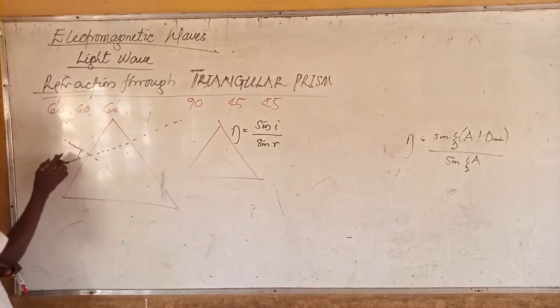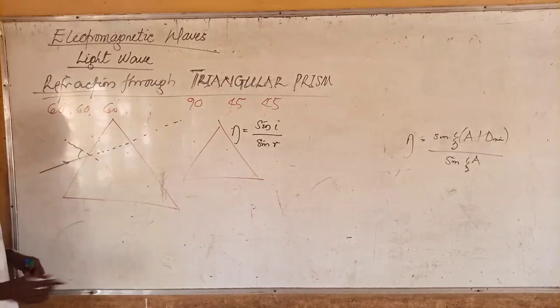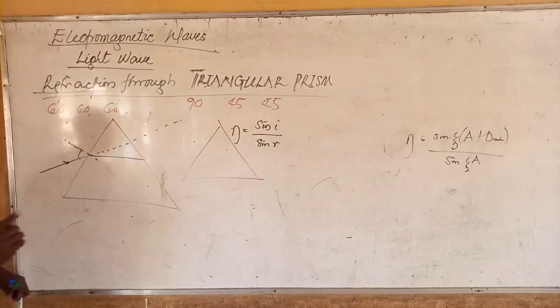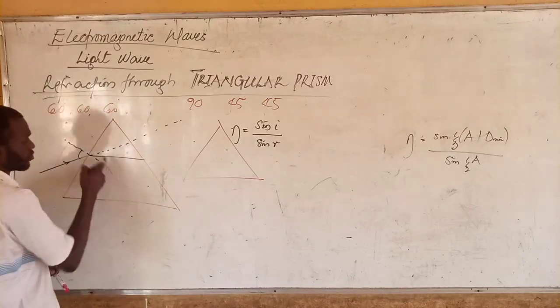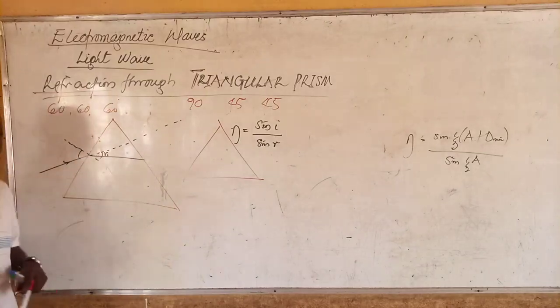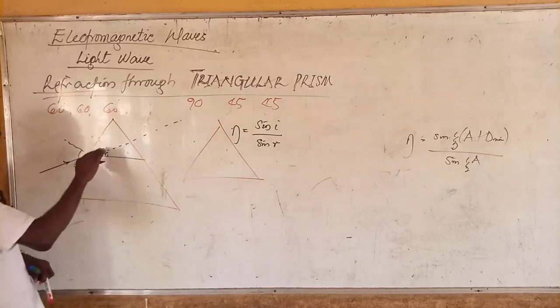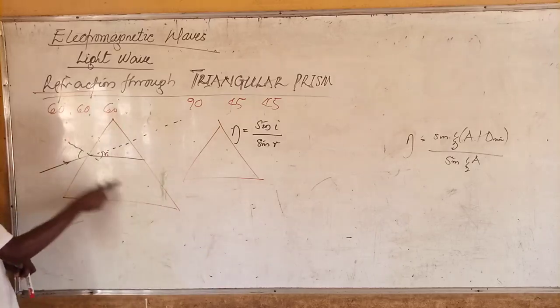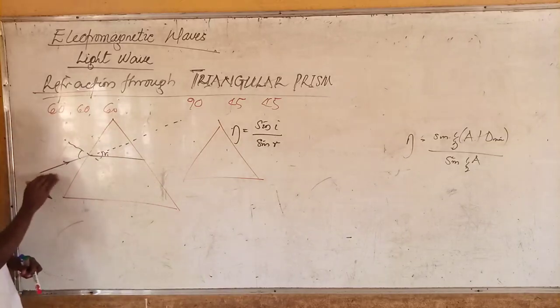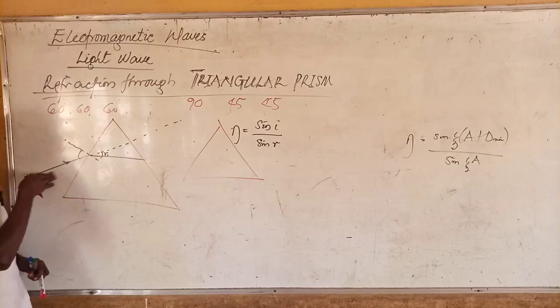Now, when it enters into the glass, it's going to be deviated, and that deviation is what is known as refraction. The first refraction that happens here, we name it R1. Bear in mind, because it enters into this prism, it's going to travel at a different speed from that of when it was in space here.